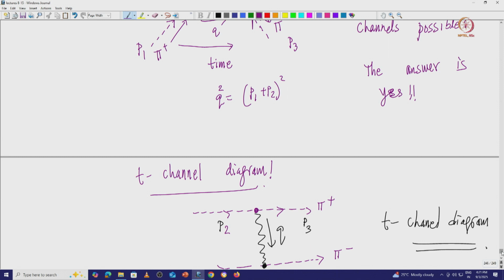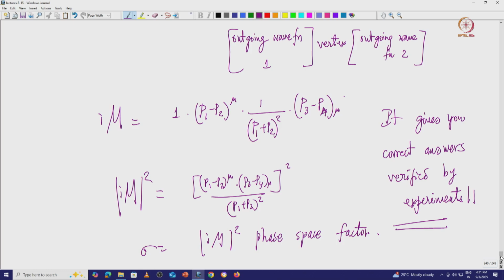Now, the point is that you can ask the question: here we did not use any quantum field theory, we are just using wave functions which we had defined, multiplying them and calculating this thing. How do you go to higher orders is the thing which we still have to address. If your experiment becomes precise, how do you go to higher orders is the question we still have to address.